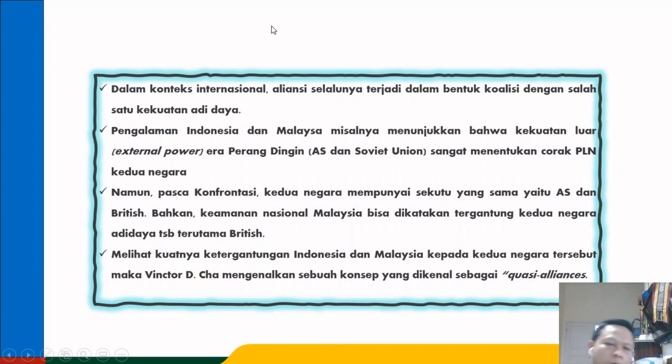In the context of international relations, usually alliance belongs to or relies on a specific major power. In the experience of Indonesia and Malaysia, the external power like the US or Soviet Union has very much influenced both countries' foreign policy decision making.